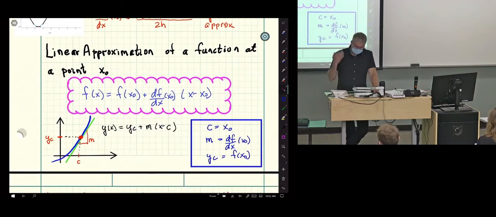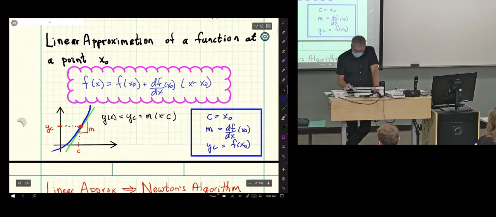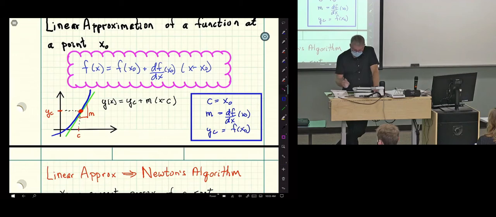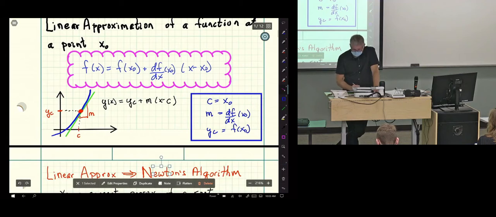The key thing here is that locally we can represent a function by a linear approximation. The only thing we need to realize is that while we're used to writing y equals mx plus b, we can write a line down with any point being the key point. It doesn't have to be the origin, which is what we do with the y-intercept. Here, the y-intercept would be way down here.